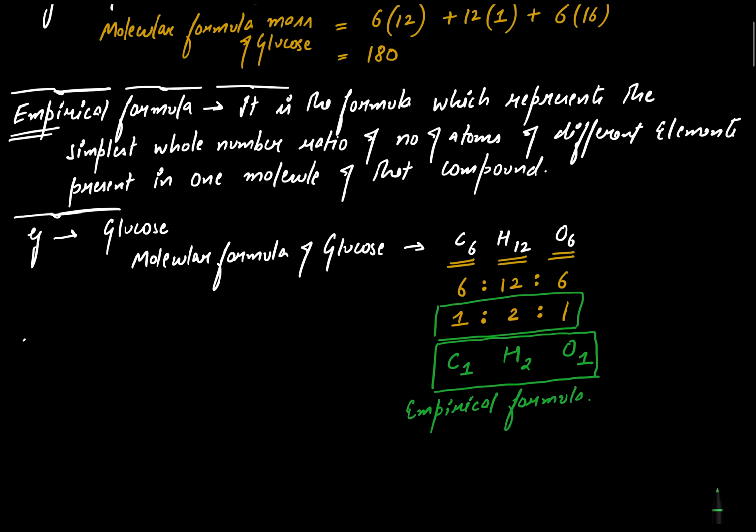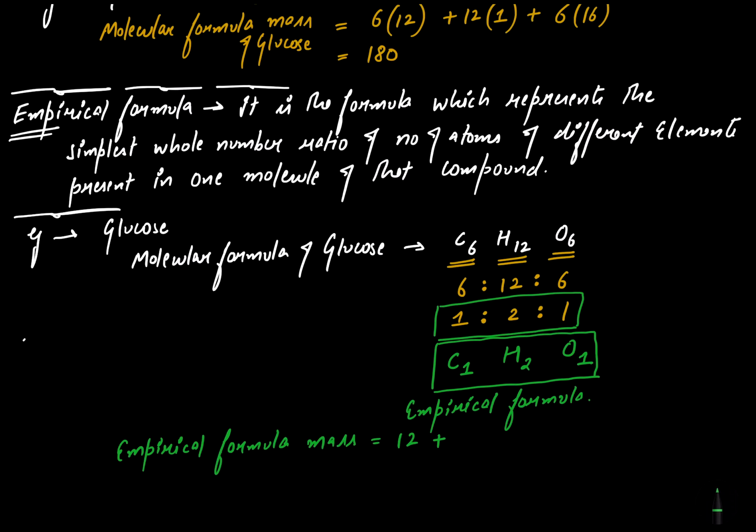Now let us again calculate the empirical formula mass, just like we calculated the molecular formula mass. How many atoms of carbon are there? 1, and its mass is 12.